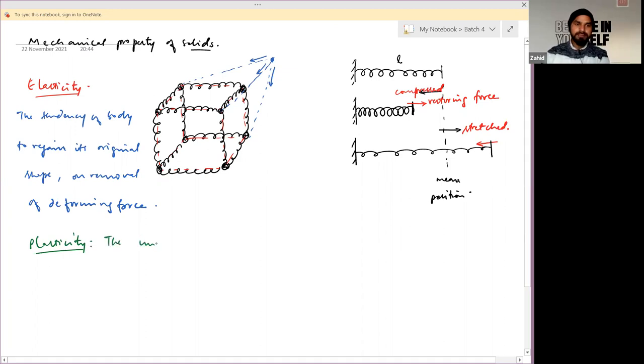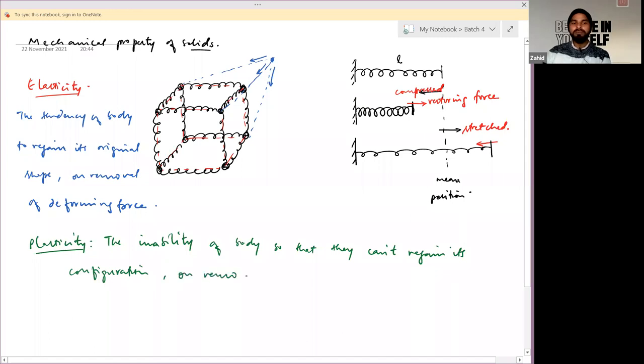So the next: the inability of a body to regain its original configuration on removal of the deforming force is termed plasticity.